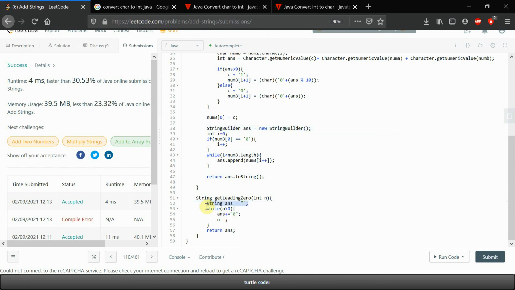zeros part. Answer dot append 0, and let's try to use this string over and over again. String 0 equals 0.